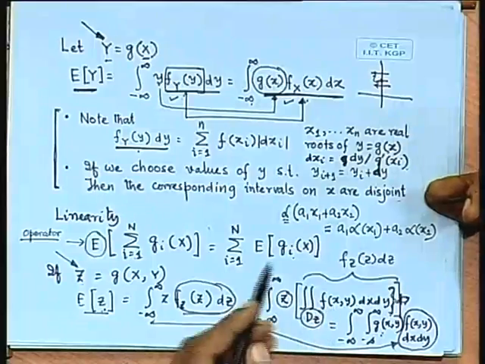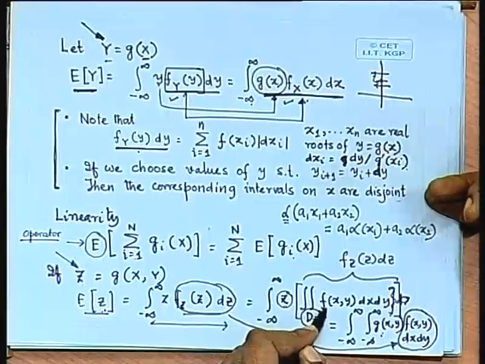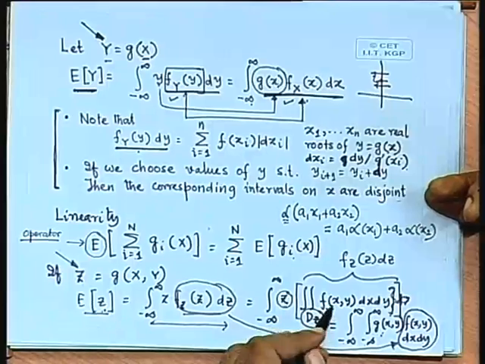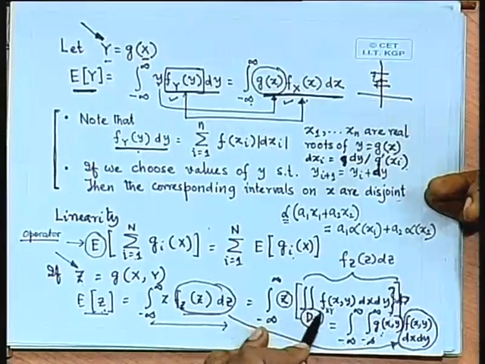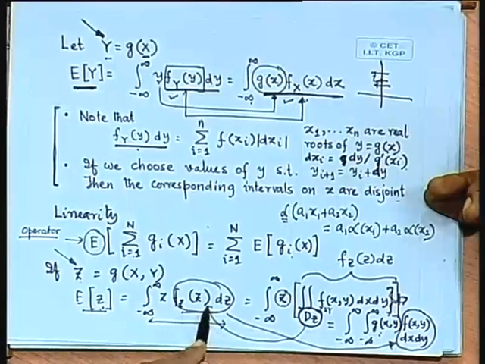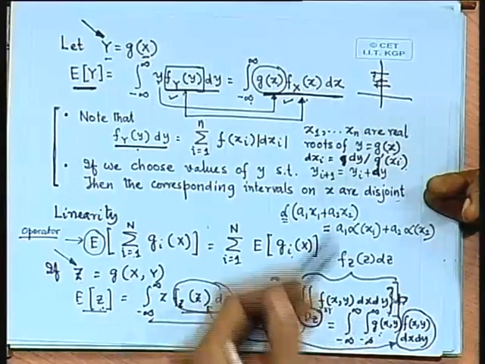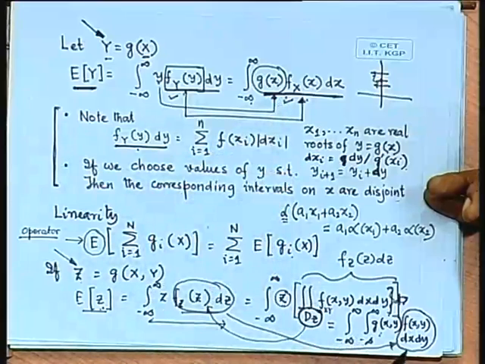So now we have to basically do an area integral. We have a double integral because there are two axes, and a joint density function f_XY(x, y) dx dy, computed over the region for which z takes values between z and z plus dz. By similar arguments, that is nothing but the integral from minus infinity to infinity of g(x, y) f_XY(x, y) dx dy.